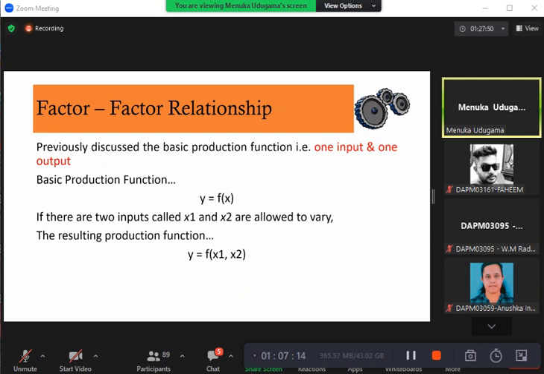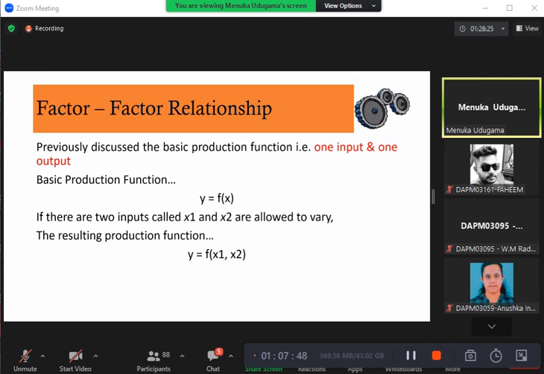Right. Let's just go through the slide quickly. So in the previous slide in the lesson, we talked about factor-product relationship or input-output relationship, right?